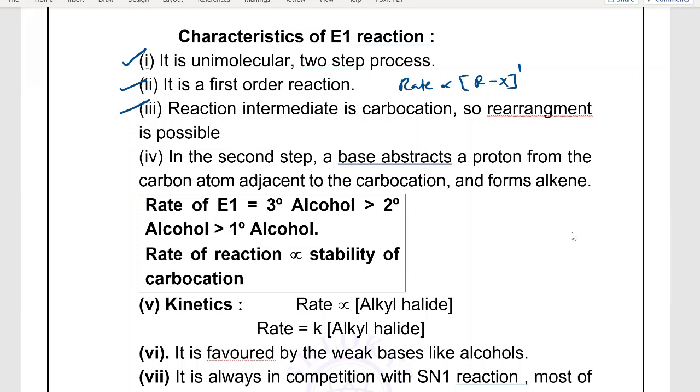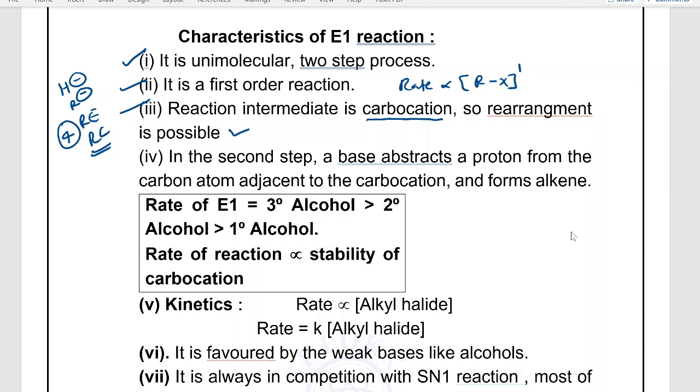And what is the reaction intermediate? Carbocation. Here you should remember one statement: if any chemical reaction proceeds through a carbocation intermediate, and there is any possibility, the carbocation can be rearranged. So rearrangement is possible. What type of rearrangement could it go through? There are majorly four types: hydride shift, alkyl shift, ring expansion and ring contraction.